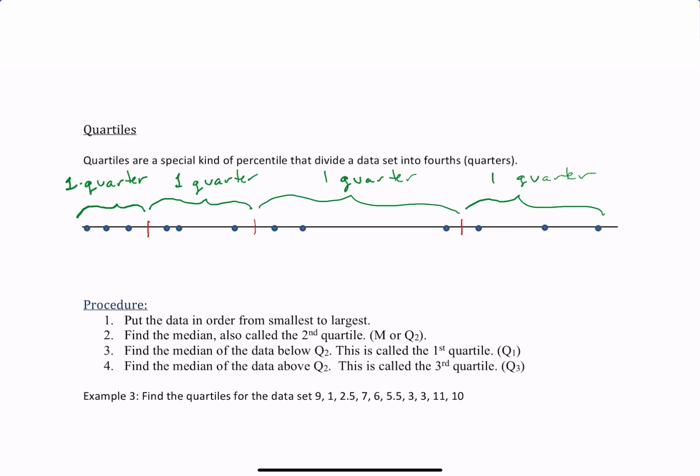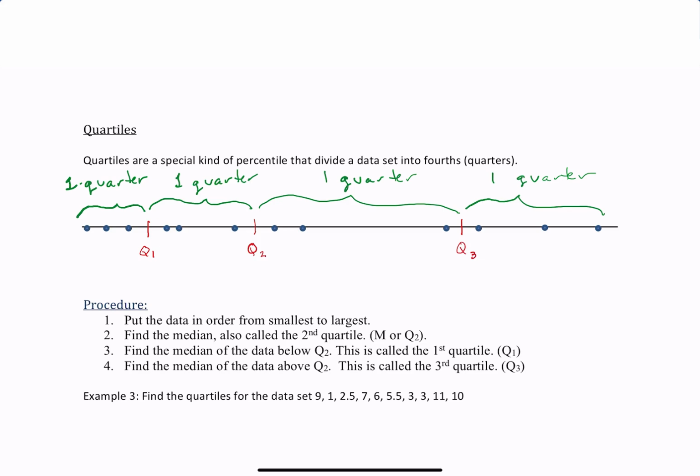There's some names for these red marks that I've made in here to separate our data. This first mark is called the first quartile, which we'll symbolize with a Q sub 1. The second mark is called the second quartile, Q sub 2. The third mark is called the third quartile, Q sub 3.